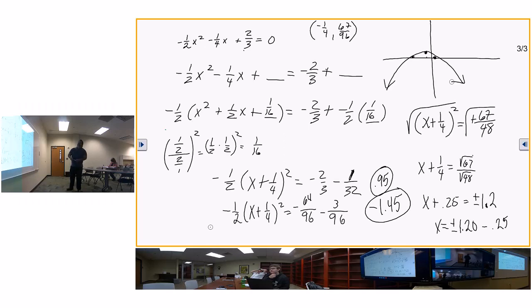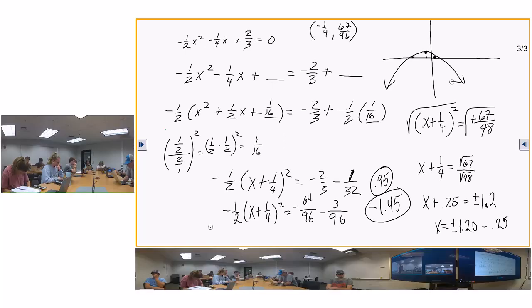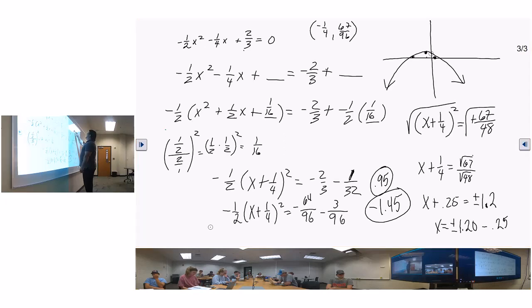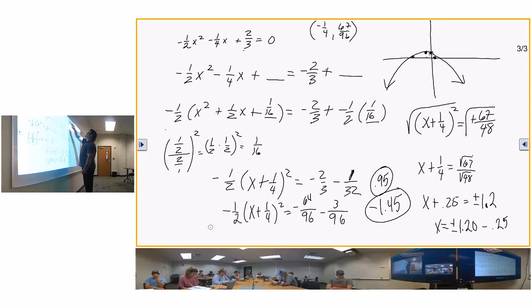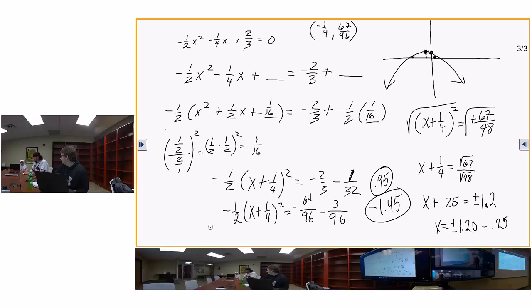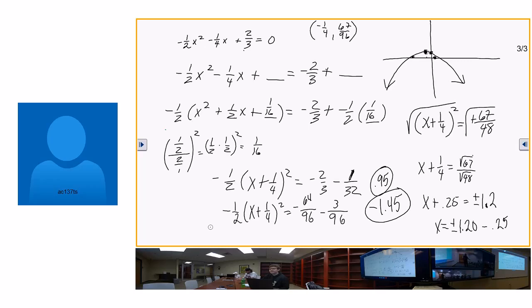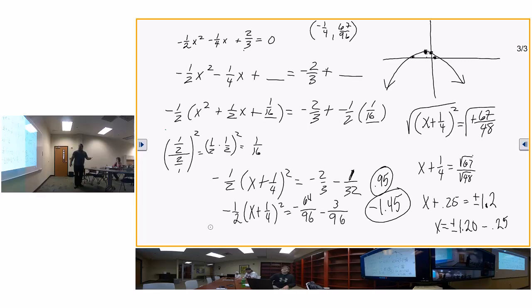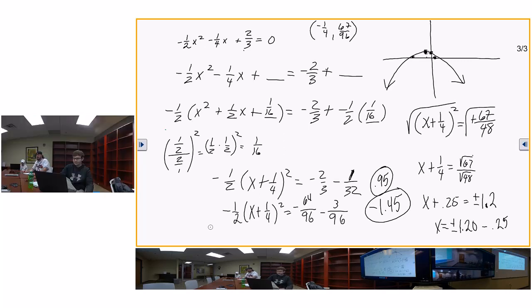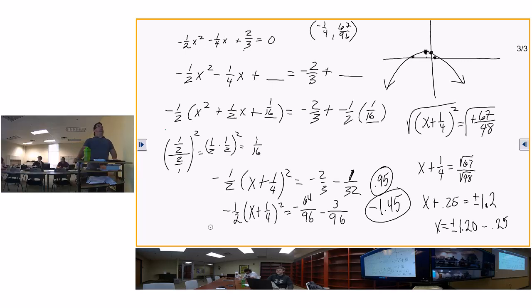Fractions, yes. Oh, and the y-intercept is 0.67, so it's right below this one, because that one's a little bit more than 0.67. Now you know how to do completing the square from level 0, which is the easiest, to level 10, which is the most difficult. You say give us the hardest one you got. I just did. Fair enough.